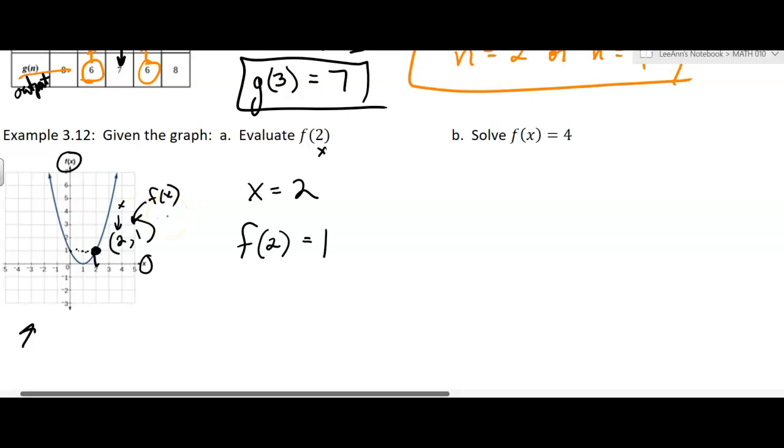Now we're going to do the same graph, but we're going to do a solving problem where we're going the other way. So now we want an output of 4, and we want to know what's x. What's the input? Okay, so if f of x is 4, you go on the f of x axis. Go to 4, there's 4, and then you read to the graph.